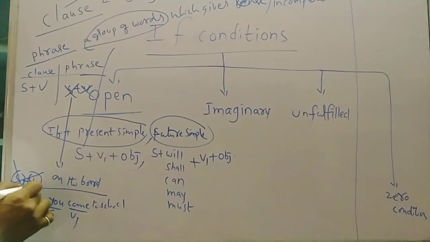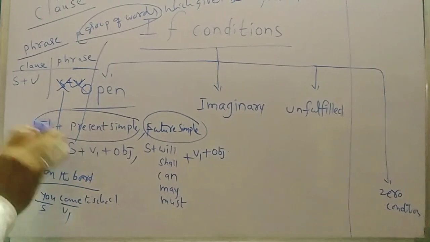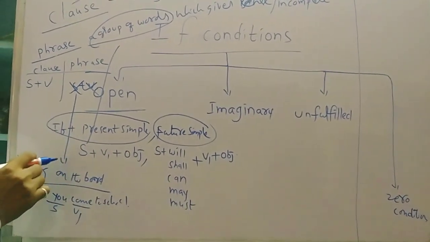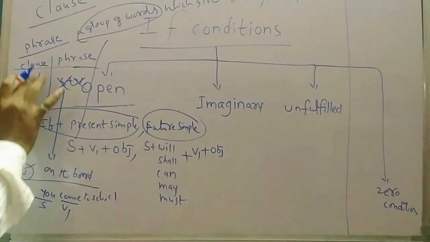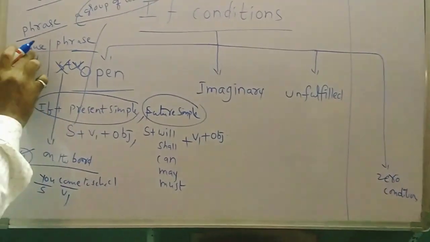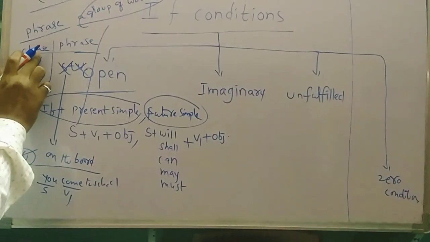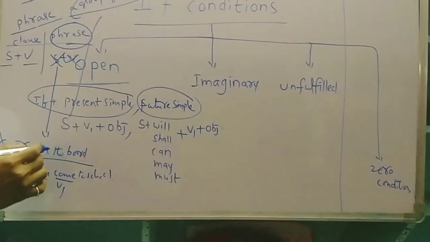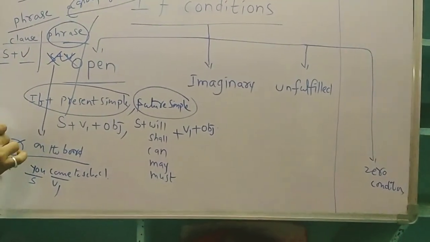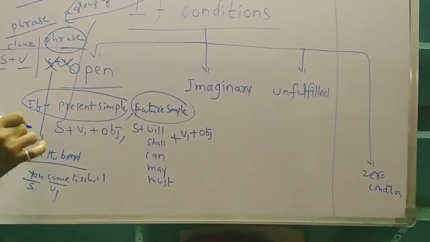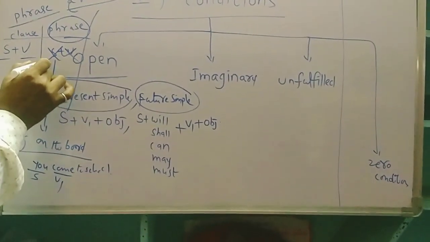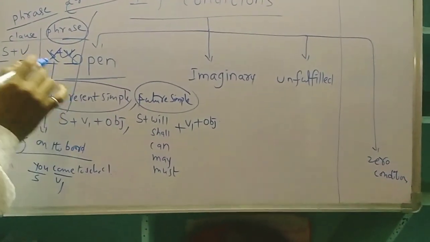"On the board" has no subject and verb, so it is not a clause, it is a phrase. That is the basic difference between clause and phrase. Clause gives full sense because it has subject and verb, whereas phrase gives incomplete sense. Even though it gives a sense, it doesn't give complete sense because it doesn't have subject and verb in its structure.